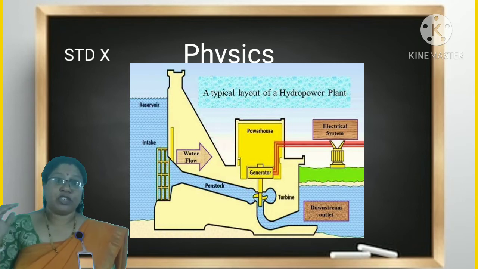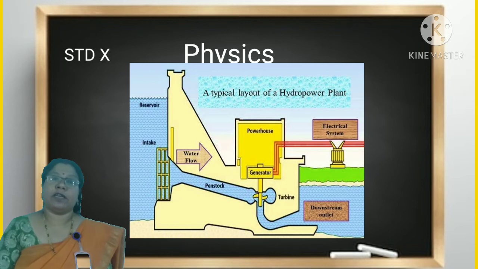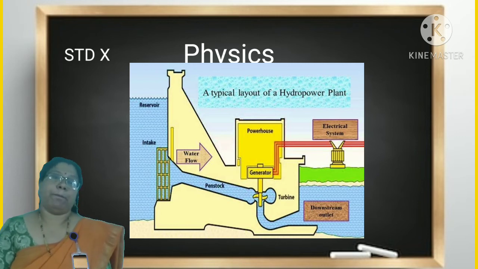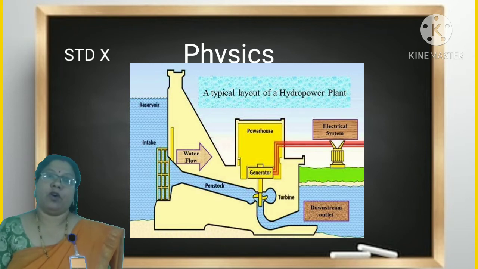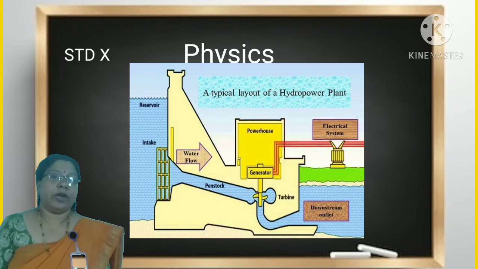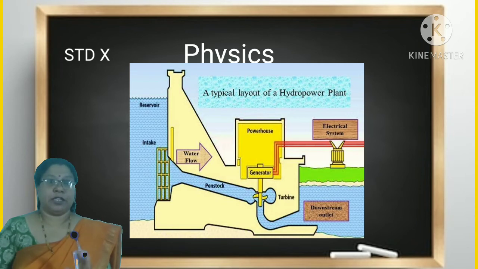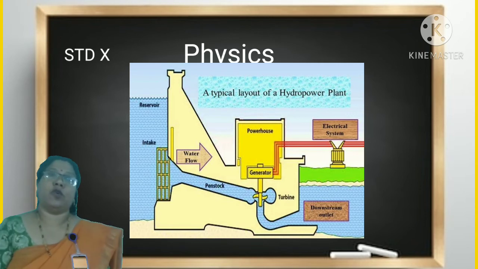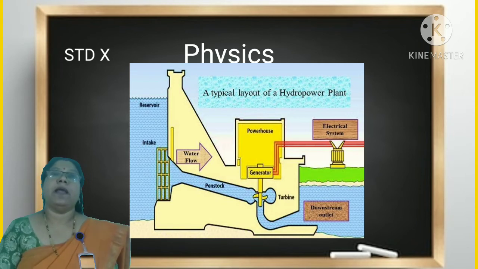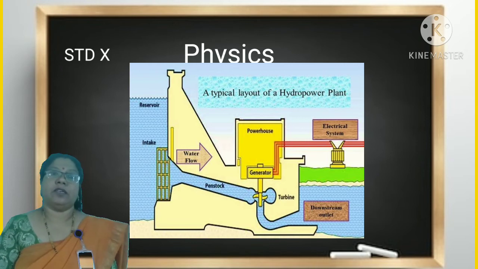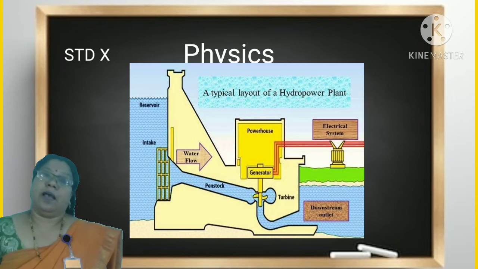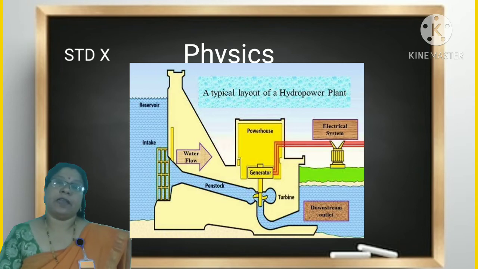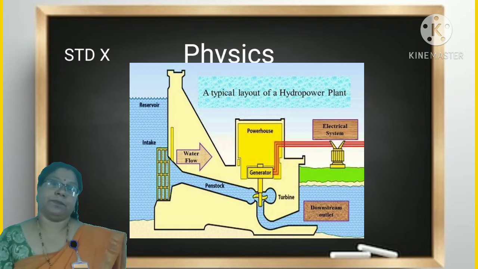So, the potential energy stored in the water in a dam, we have already studied about potential energy due to strain or potential energy due to height. The huge potential energy stored in water contained in a dam is converted into kinetic energy, and that kinetic energy is used for rotating the different parts of an AC generator.